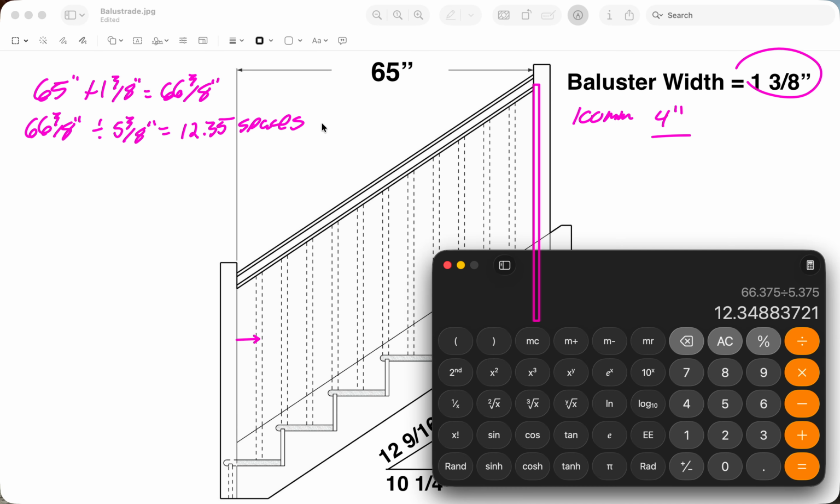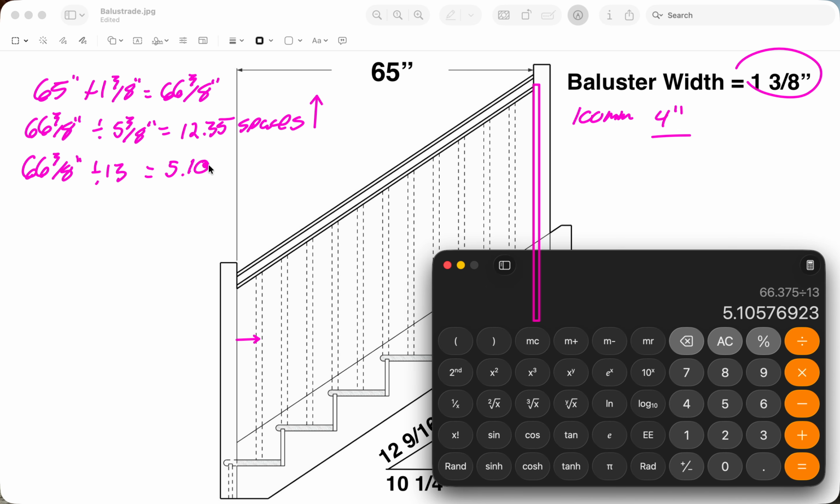We're going to round this up to 13, because if we divide it by 12, then our spaces would have to be larger than 4 inches, which we can't do. So we take 66 3/8 of an inch and divide it by 13. 66.375 divided by 13 gives 5.01, or 5.012.